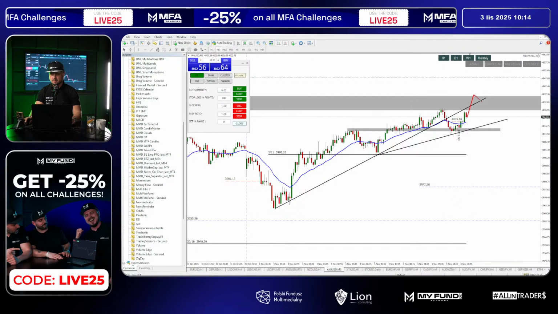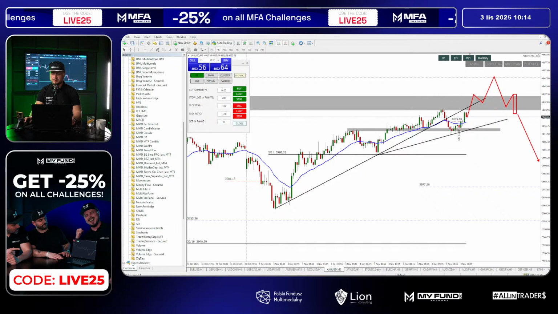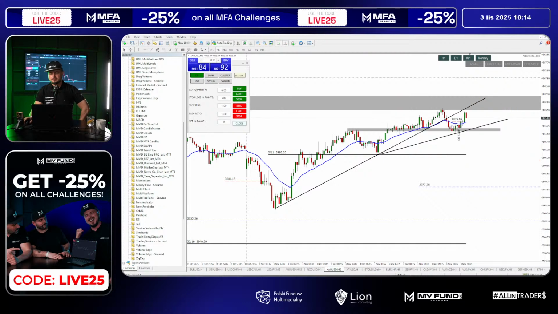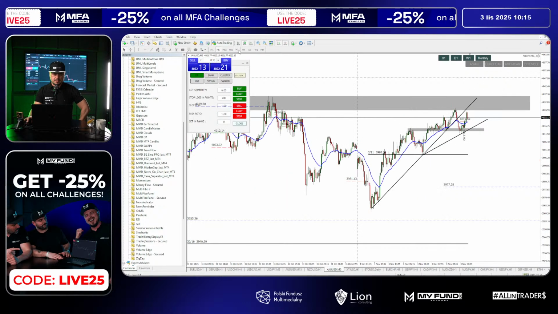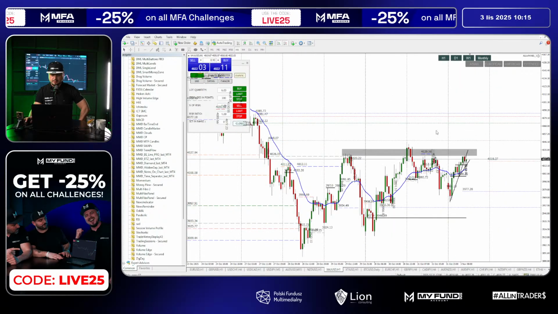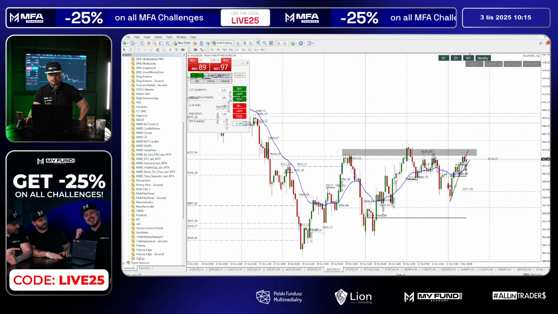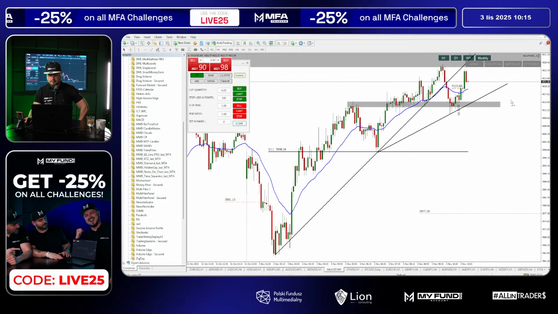So if we're gonna go higher, I will look for the trade probably from here. So I'm not saying no if we're gonna go higher. We just need to wait and see where the price will go. But this is looking quite good.